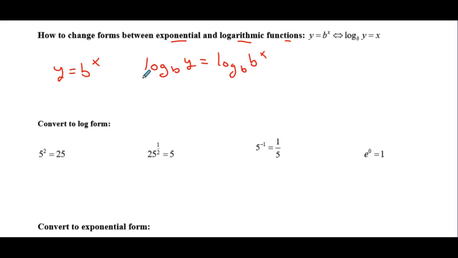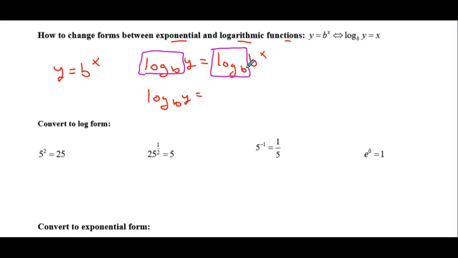What have I done here? I've added this to this side, and I've added this to this side. I've taken the log of both sides.